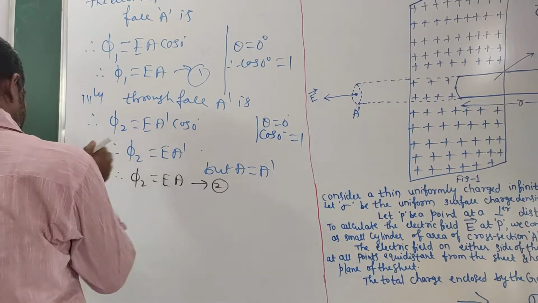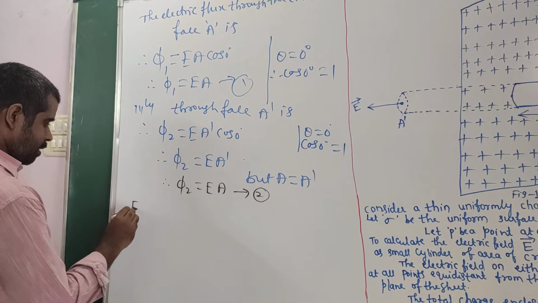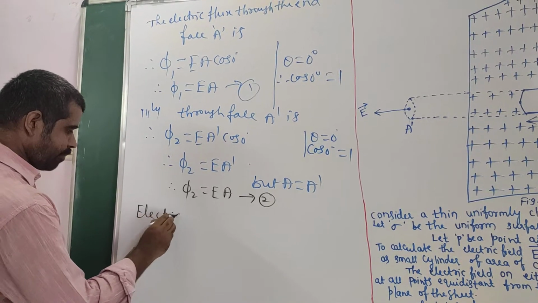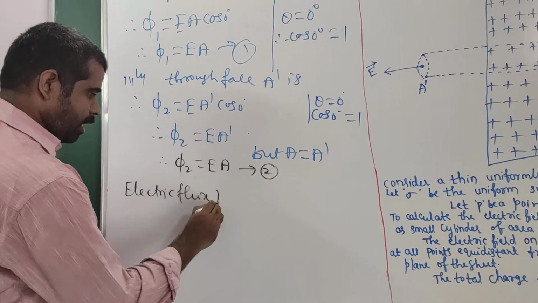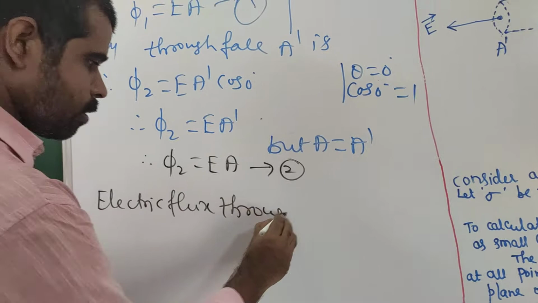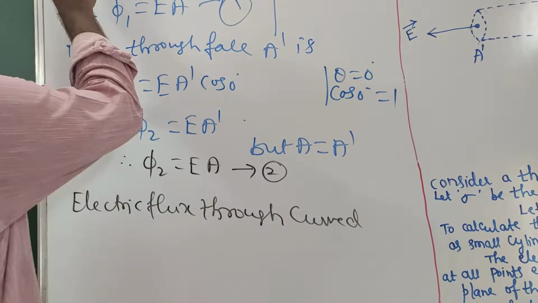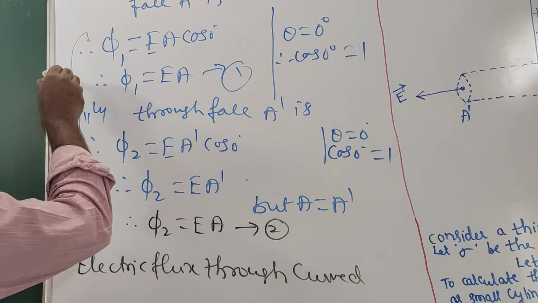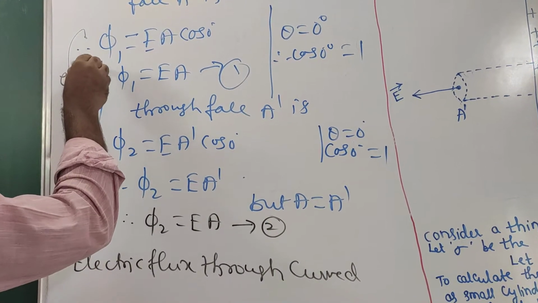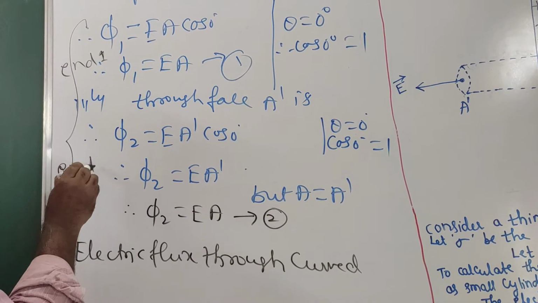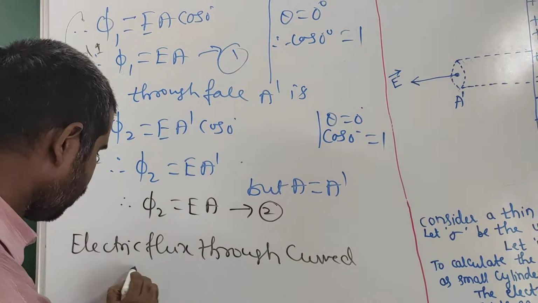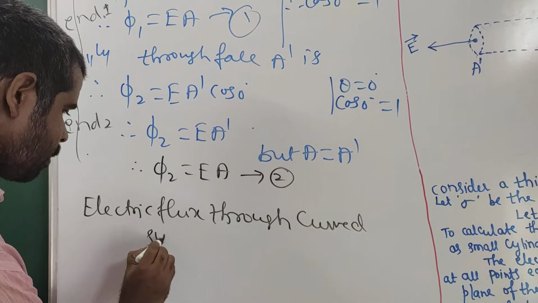Now similarly, the electric flux through the curved surface. Both ends are labeled: end 1 and end 2. Now, electric flux through the curved surface.